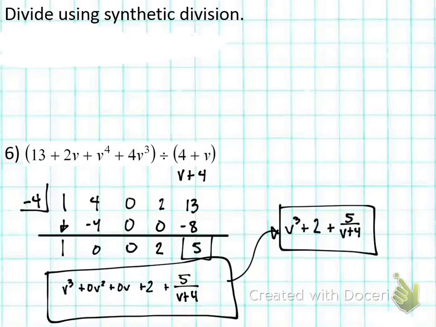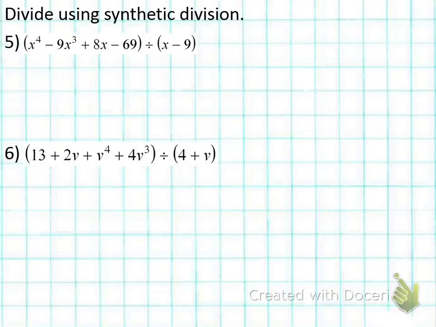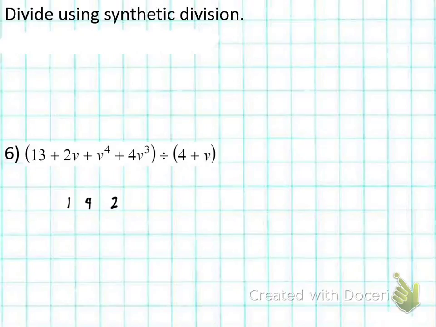Okay, remember Friday we said all that stuff about place markers? Let's just say, what if I didn't put my place marker of 0 on this problem? So look up here. I'm going to redo number 6. Let's say on number 6 I was all like, okay, who cares about putting placeholders? 1v to the 4th plus 4v to the 3rd plus 2 plus 13.